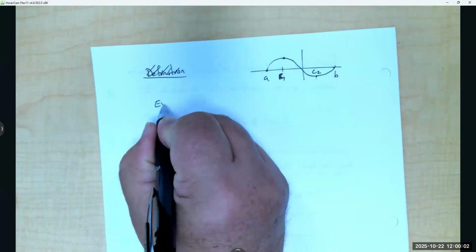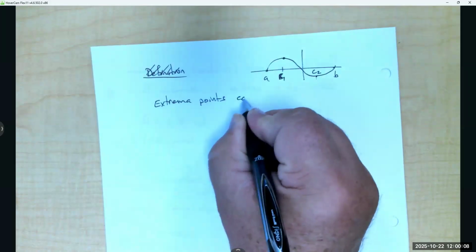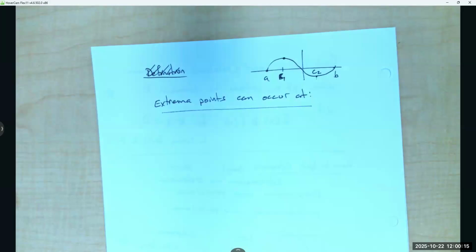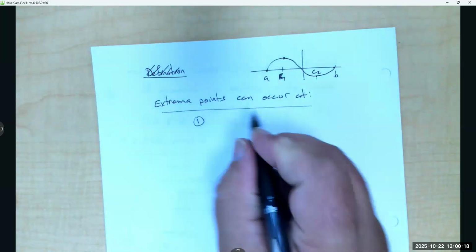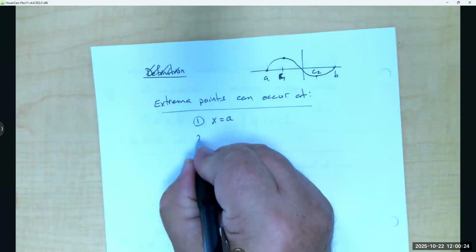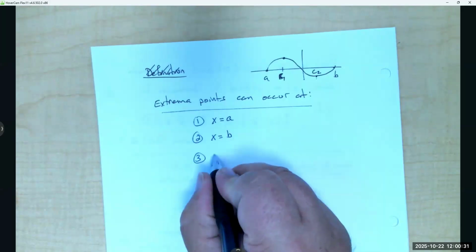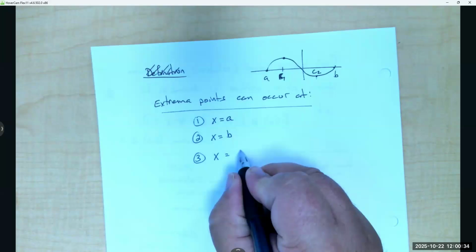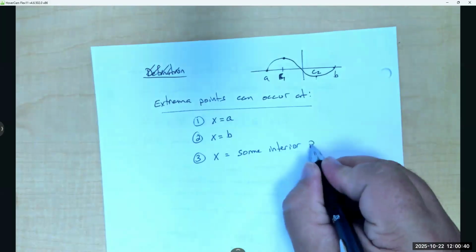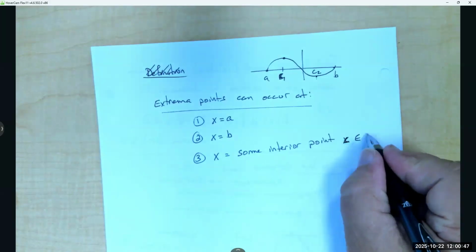So extrema points can occur at where? 1, x equals A, x equals B, some interior points x or C inside the domain.